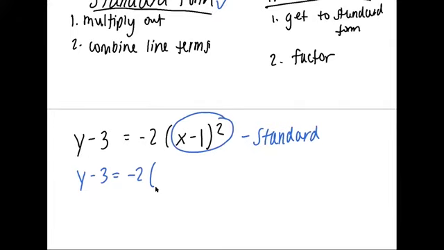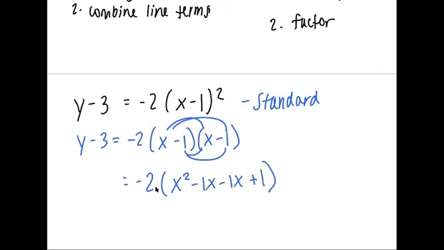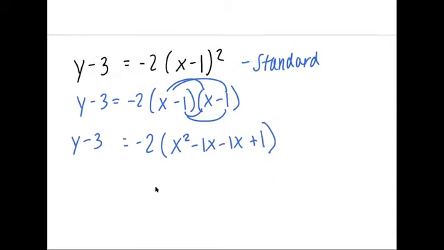When we square this term, we FOIL out. I still have the negative 2 on the outside, but now I have x squared minus 1x minus 1x plus 1, equal to y minus 3.